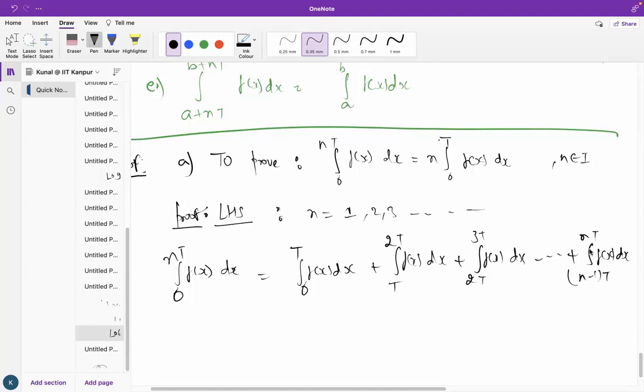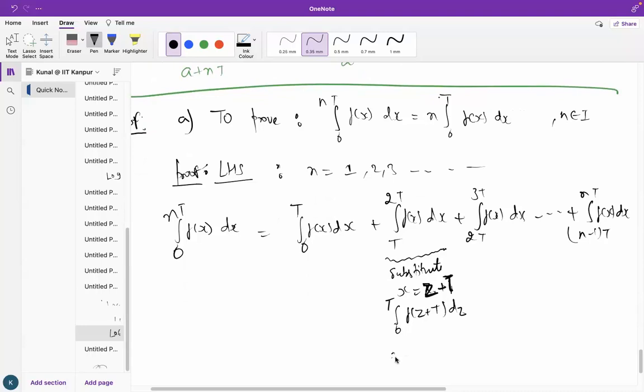Now, in this term, if you substitute x equal to z plus T, where T is the period, we actually get the integral from 0 to T of f(z plus T) dz.